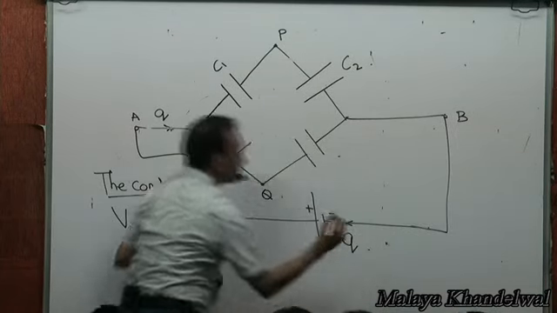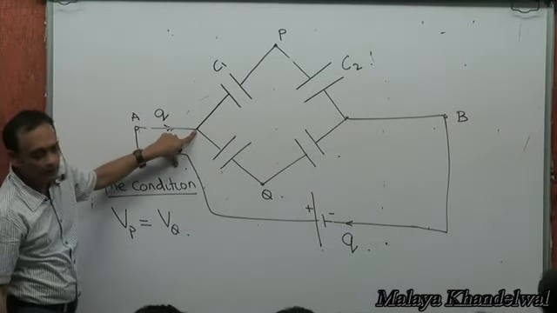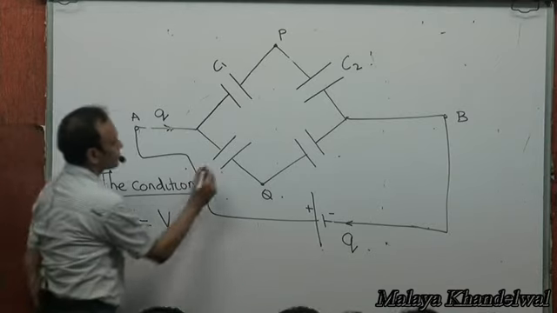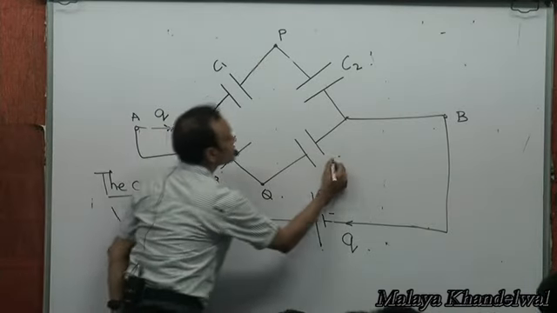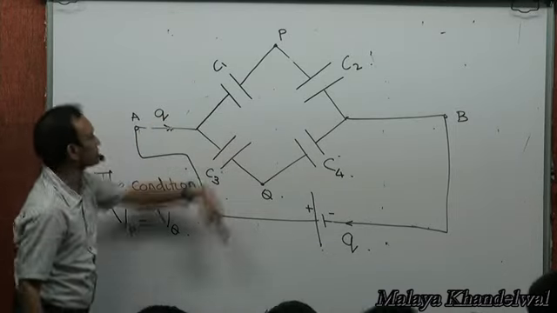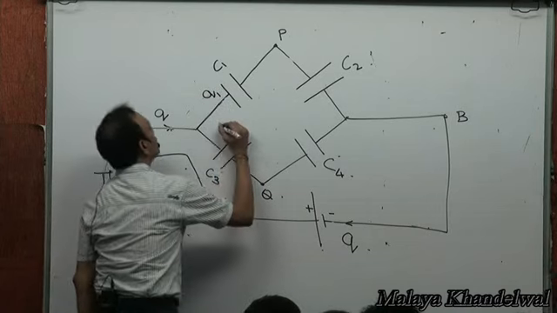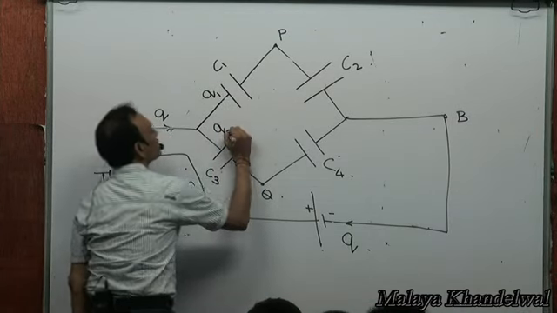Q comes down to this point, and this is say C3, this is C4. And Q gets delegated in two directions. Q1 deposits on this plate, and Q3 deposits on this plate, say. Yes or no?